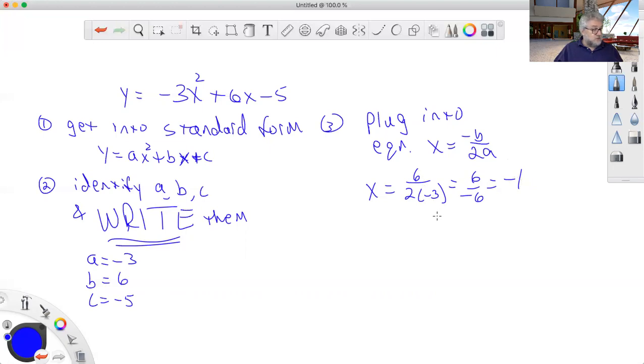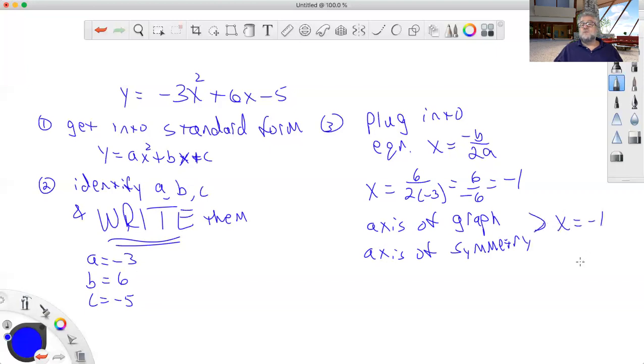Okay, so now we know the x-coordinate of the vertex, the axis of the graph, or the axis of symmetry is x equals -1. So we've got a graph, x equals -1, and we know the x-coordinate of the vertex is somewhere on here. We don't know where it is, okay?